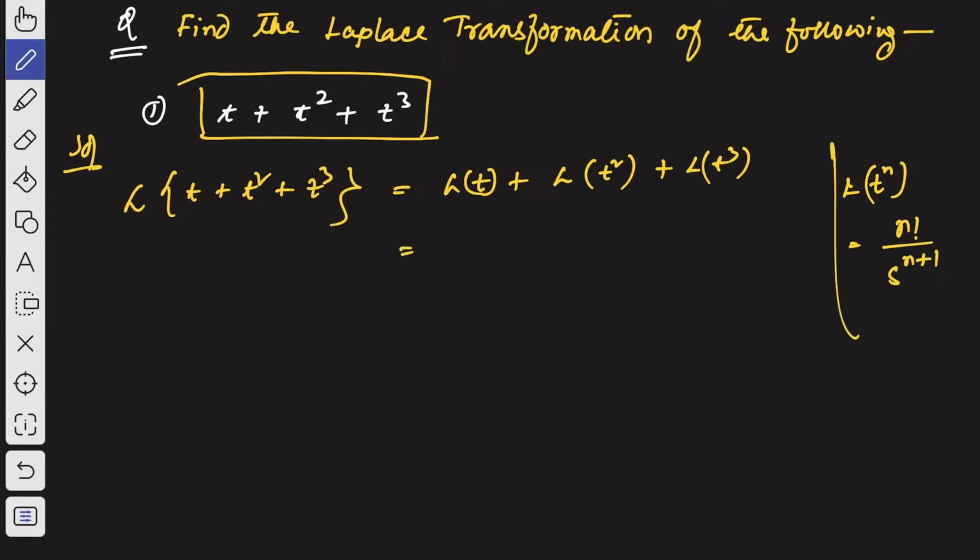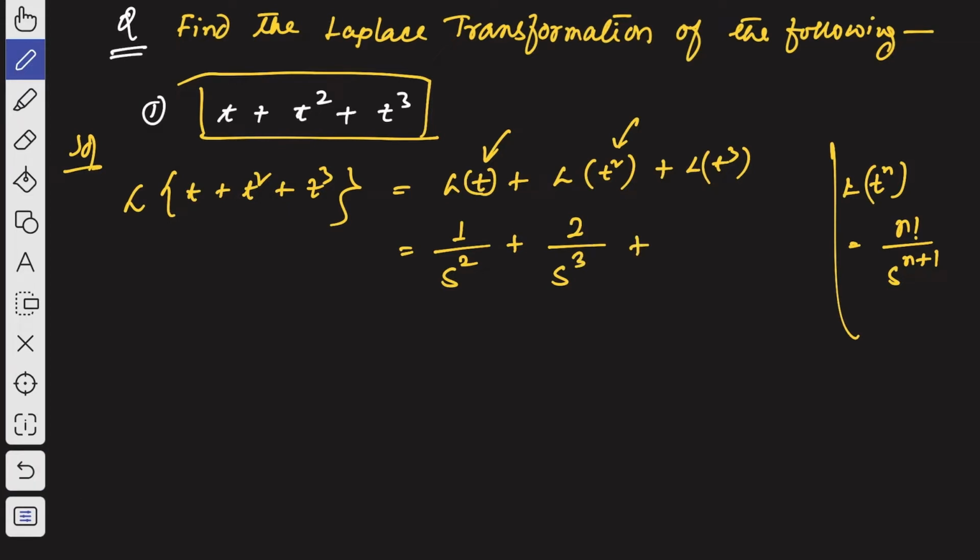In the first case we have t to the power 1, so factorial 1 means simply 1, and s to the power 1 plus 1, that is s square. Next, t to the power 2, so factorial 2 means 2 into 1, and s to the power 2 plus 1 means s to the power 3.